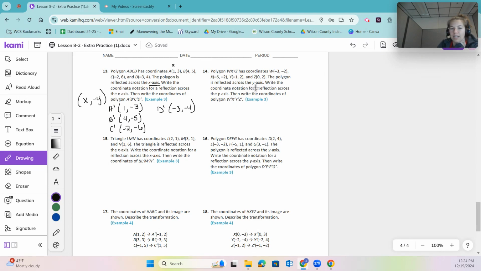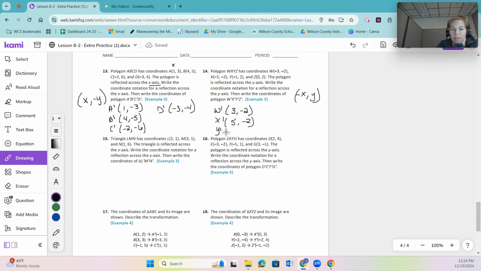All right, and then same is true here for the y-axis, except we do the opposite. We take the opposite of the x, and the y value stays the same. So same on all of these. W prime becomes +3, -2, because the y stays the same, and the opposite of -3 is +3. Okay, X prime becomes +5, -2.